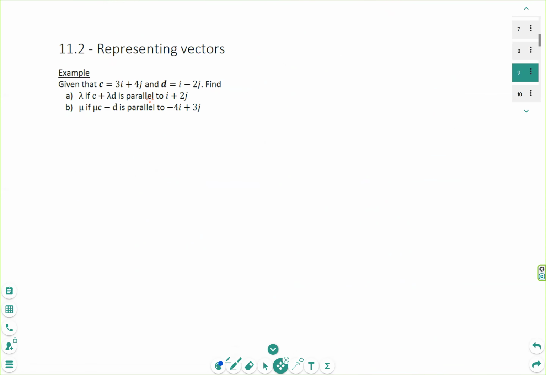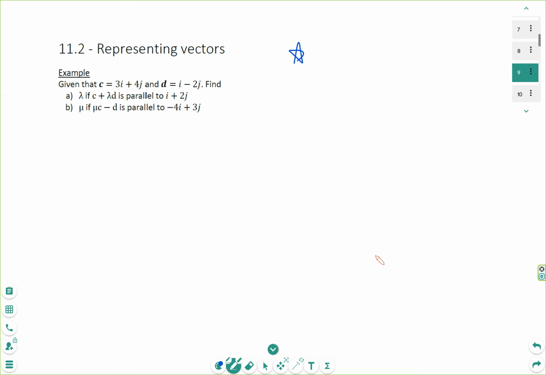Example: given that C equals 3i plus 4j and D equals i minus 2j, find lambda if C plus lambda D is parallel to i plus 2j. Before we start, I want you to think about the word parallel. If two vectors are parallel, we know one will be a multiple of the other.